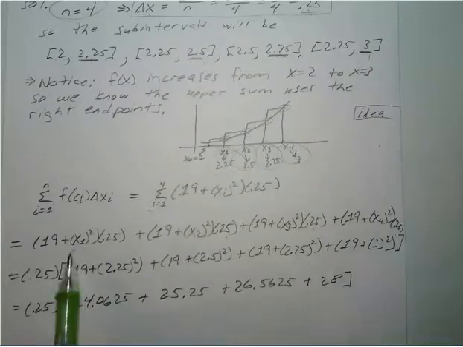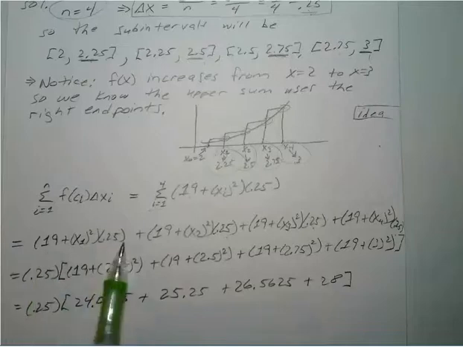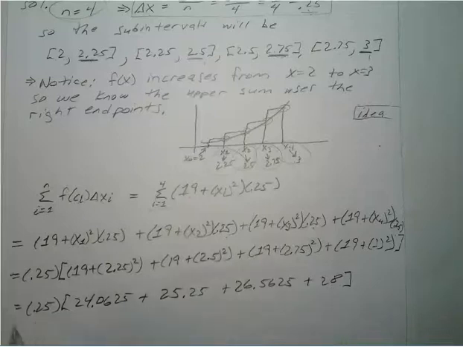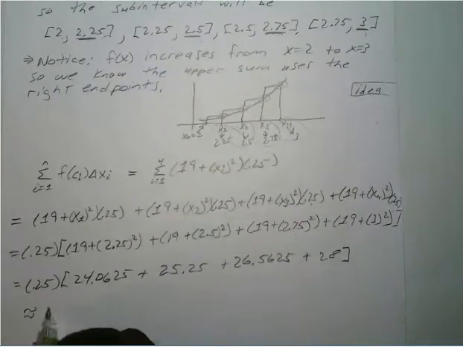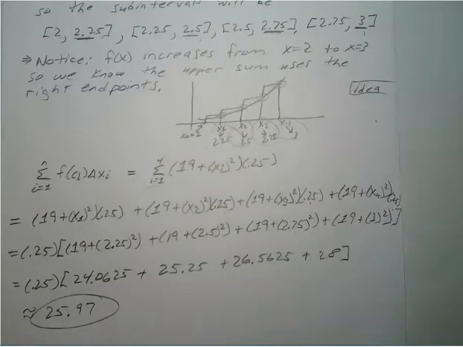Each one of these gives us the area for each rectangle. By the time you add all these together and multiply by 0.25, it is approximately 25.97. That's when we round it to the nearest hundredths, and that's our upper sum.